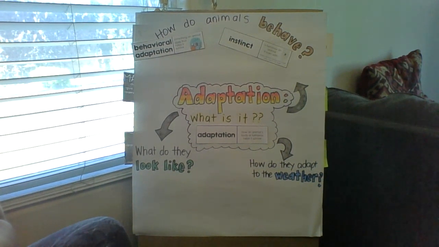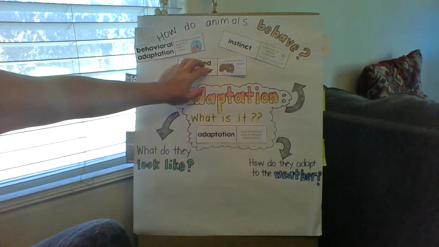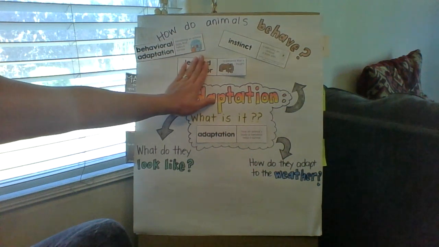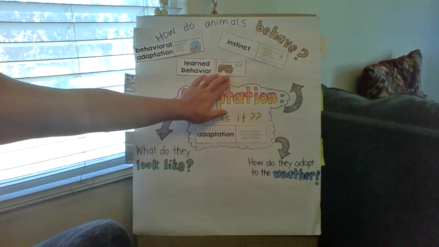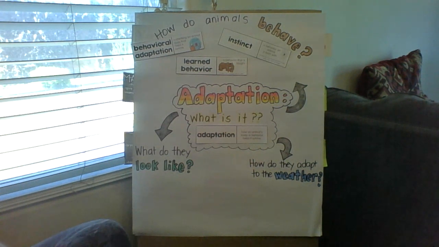Another type of behavioral adaptation is something that is a learned behavior. These are behaviors that have been taught to you. So, for example, this bear is teaching its cub, its baby, how to hunt and catch fish, or maybe hunt for an animal, or find different types of plants to eat. Do you remember when I read Stella Luna? Right? Stella Luna had fallen into the bird's nest, right?